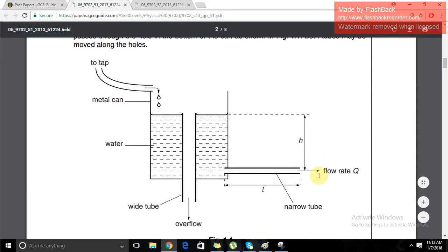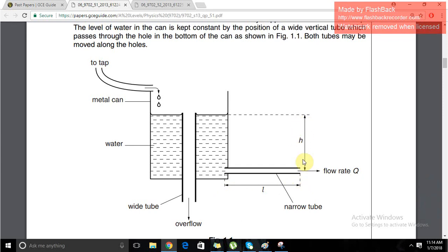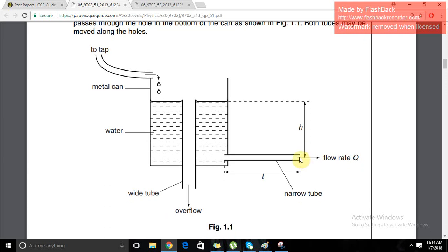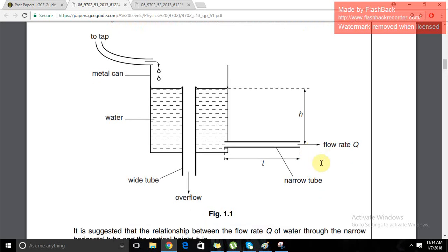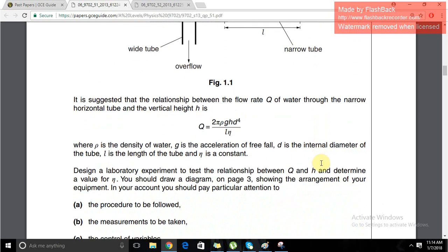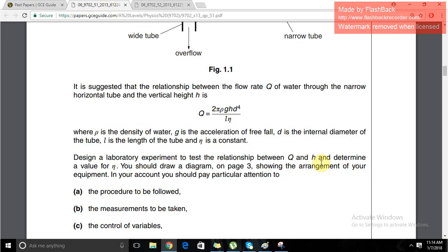And then there's this is length, and this is the height, and they may both be pretty significant, and the flow rate is actually what we get from over here. So we have a suggestion that the relationship between the flow rate Q of water through the narrow horizontal tube and the vertical height.